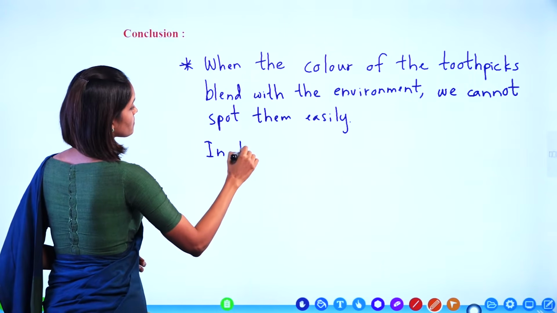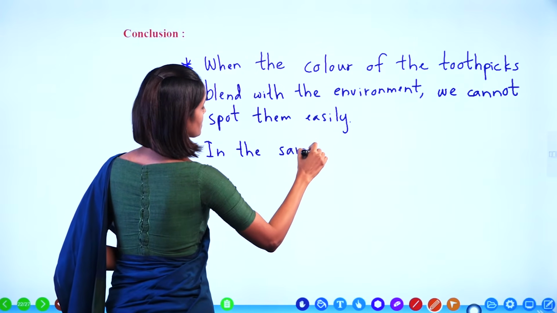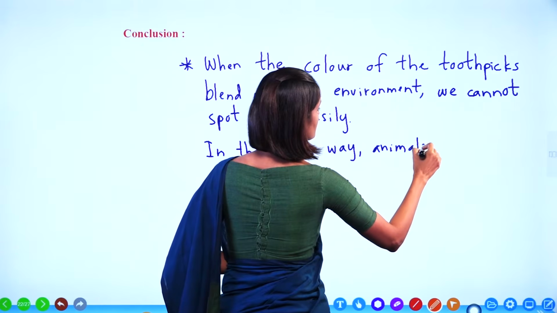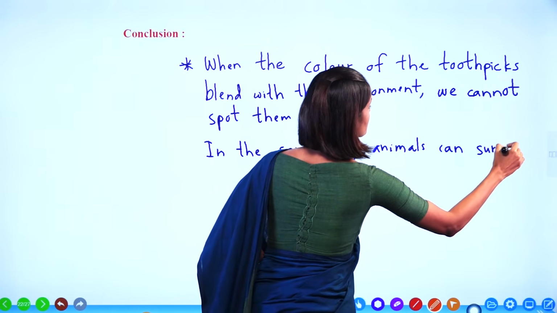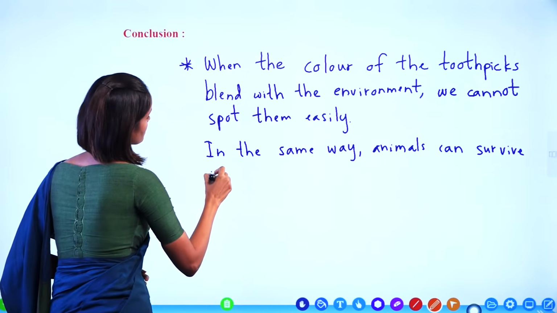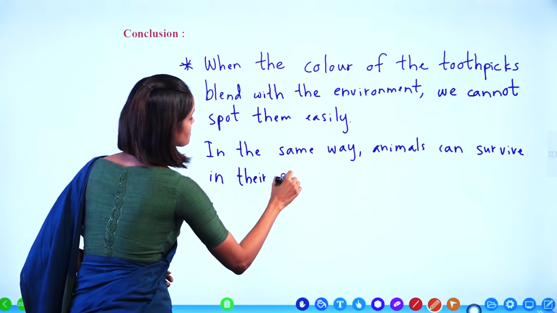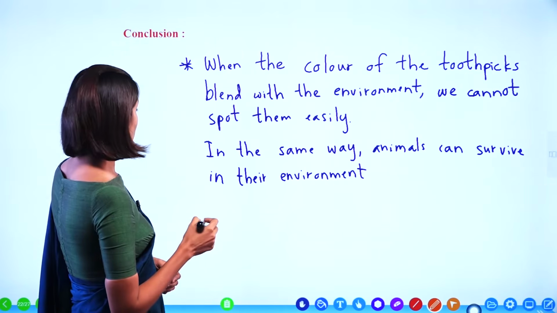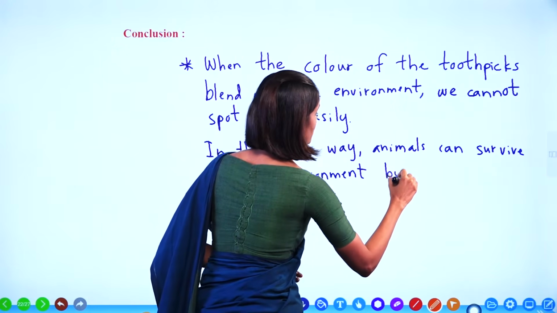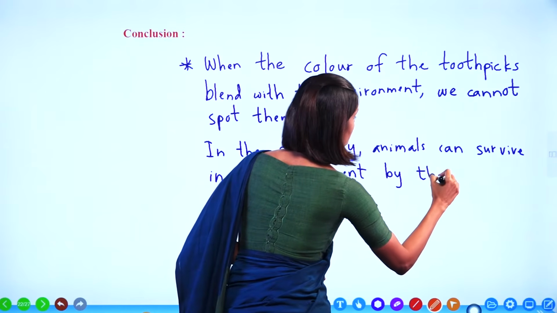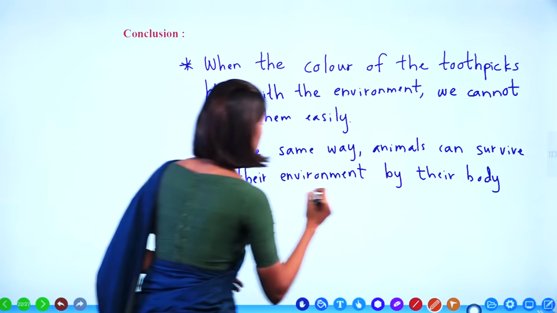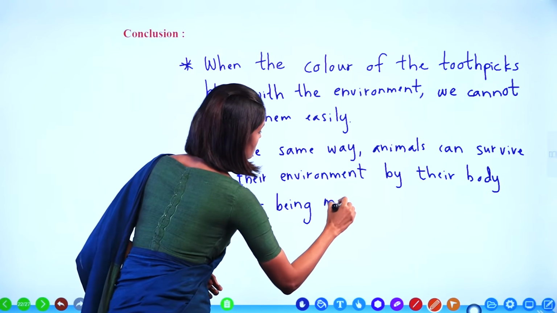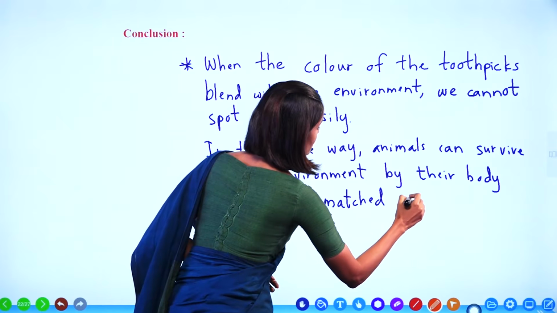In the same way, animals can survive in their environment by their body color being matched with the environment.